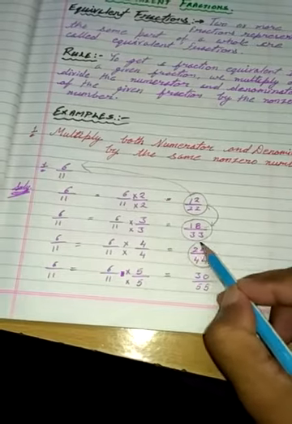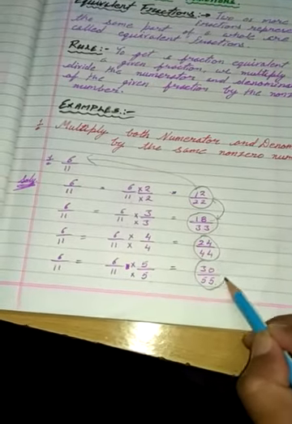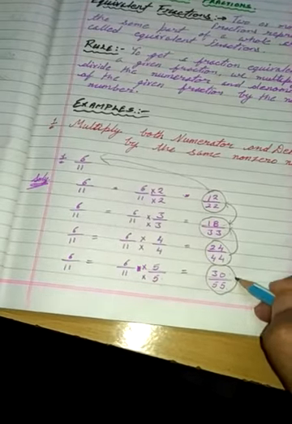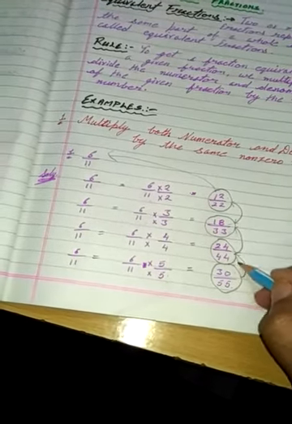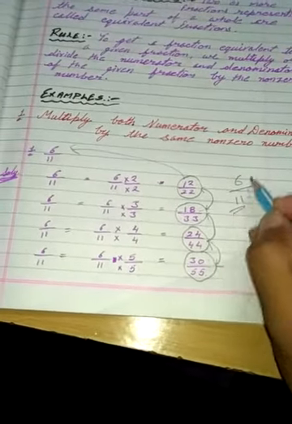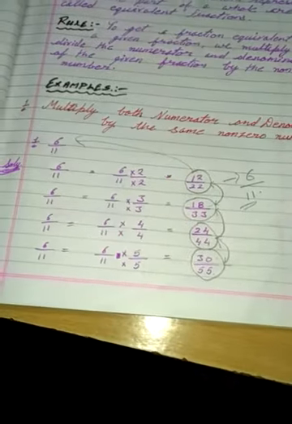Now these are all equivalent fractions for 6 by 11.